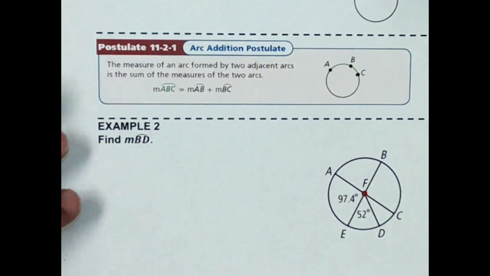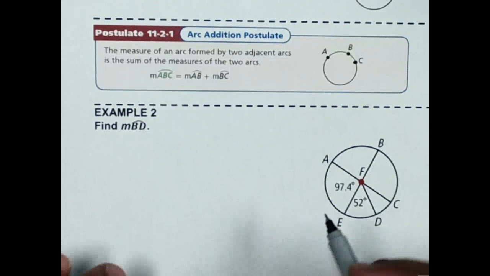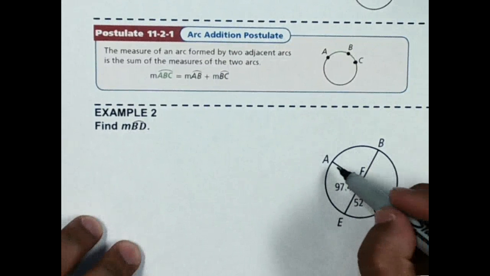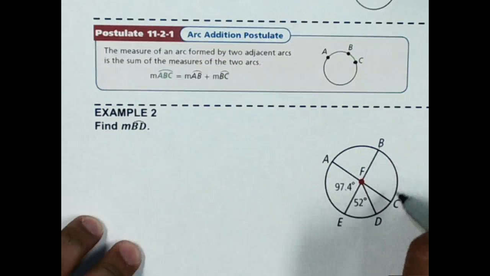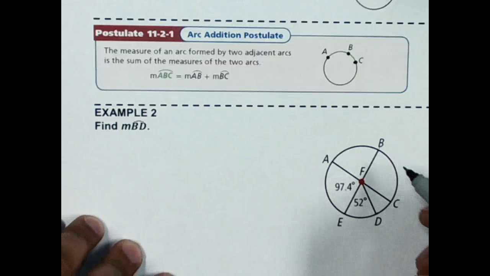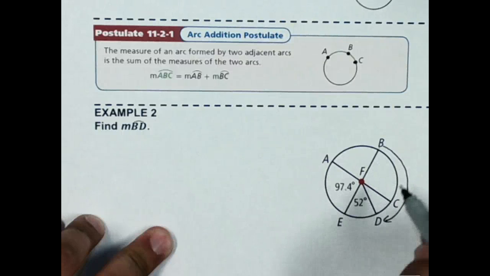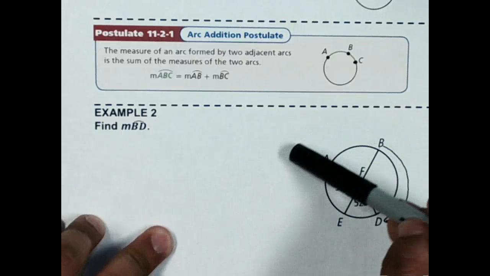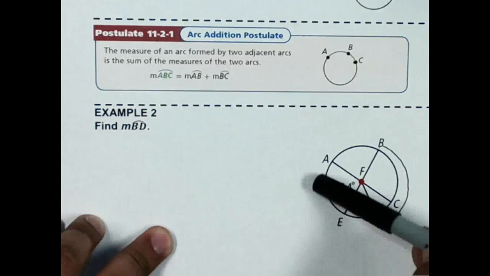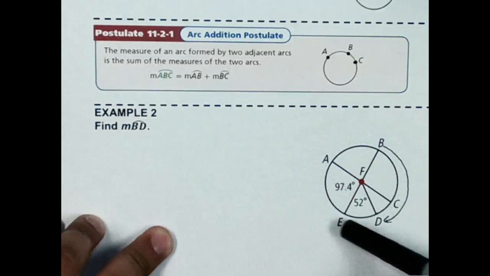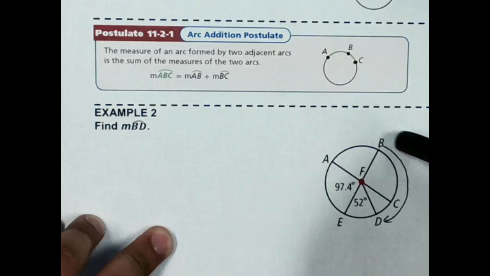So here's an example. We want to find the measure of arc BD. I'm going this direction, because if I were to go the other direction, that would be the bigger side, a major arc. This would be the minor arc.